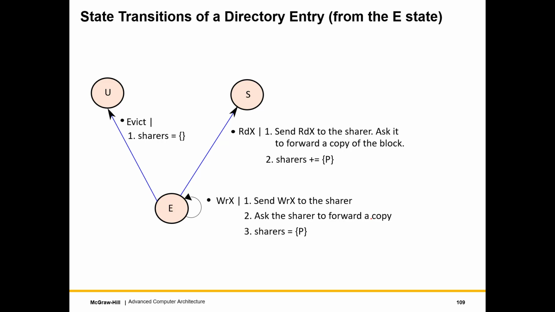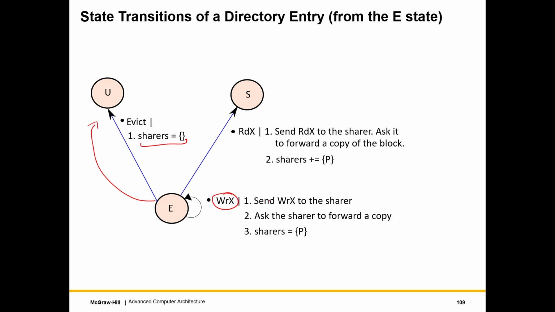So let us now look at the state transitions from the E state, or the exclusive state. Here the state transitions are as follows. Let us say that we receive an evict in the E state. Then of course the sharers become empty and we enter the uncached state. So that is obvious.